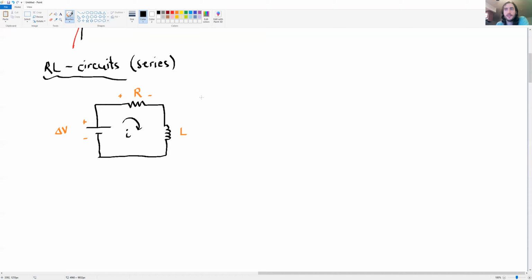Instead of applying Faraday's law, you apply Kirchhoff's voltage law, not in this form here. This is not Kirchhoff's voltage law. That's what I want to say. So we don't do this, but what we do is we sum all potential differences for all elements in the circuit.